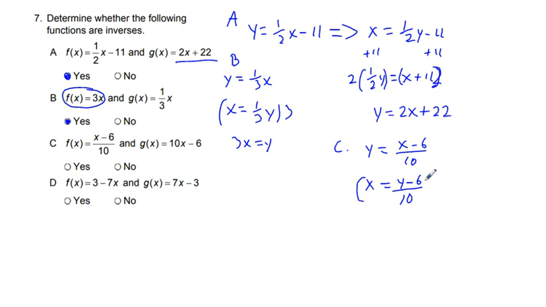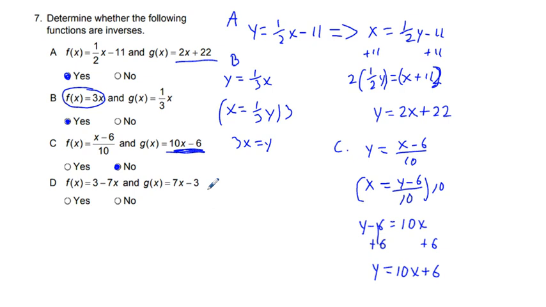Multiply both sides by 10, we get y minus 6 equals 10x. And then if we add 6, we get y equals 10x plus 6. Is that what we have here? No, we have 10x minus 6. So no to that one.